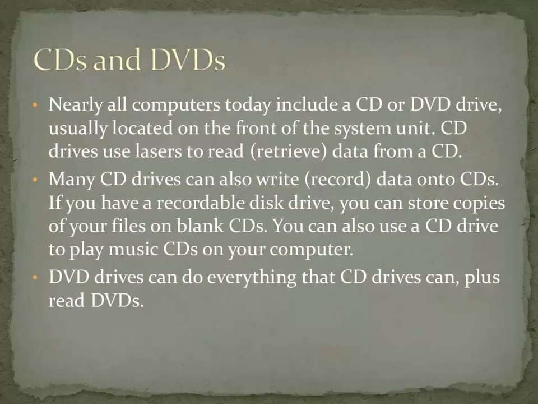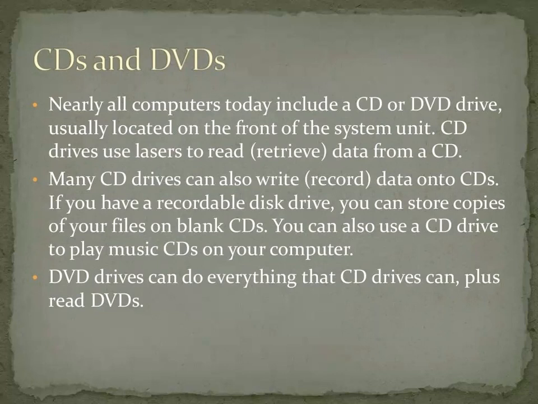So, what are CDs and DVDs? What are the differences between them? Nearly all computers today include a CD or DVD drive, usually located on the front of the system unit. Drives use lasers to retrieve data from a CD. Many CD drives can also record data onto CDs. If you have a recordable disk drive, you can store copies of your files on blank CDs.